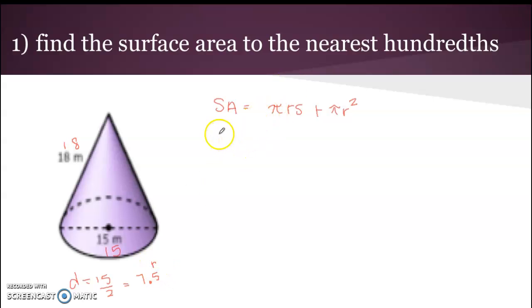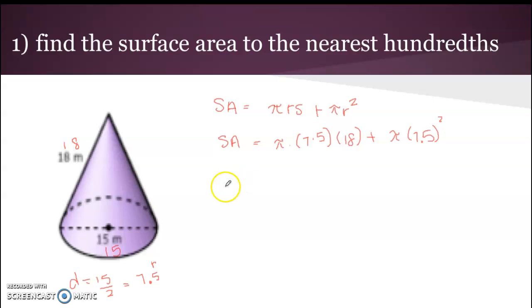Now let's go ahead here and substitute everything. Surface area is equal to pi times 7.5 times the slanted height, which is 18, plus pi times 7.5 squared. I just literally substituted here.